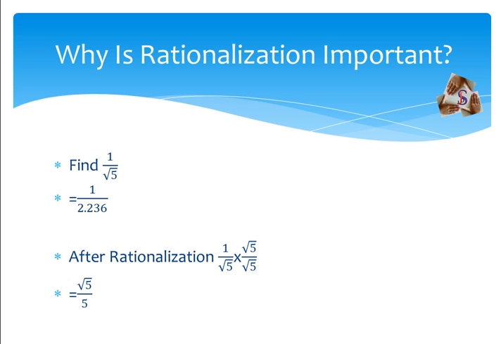That is root 5 by 5. That is 2.236 by 5. That is approximately equal to 0.4472. So we are able to simplify it so easily. Calculations can be done so fast. Therefore, rationalization helps us to simplify algebraic fractions.